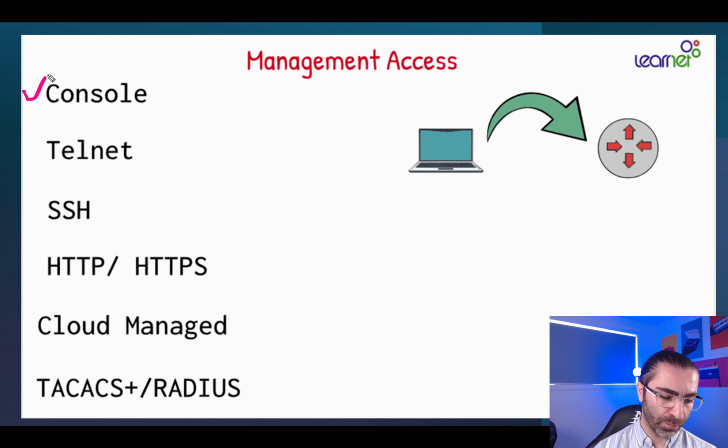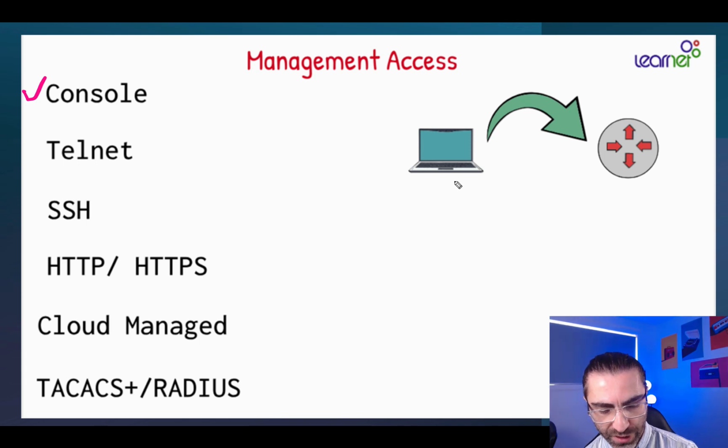The other protocols that have been listed here require IP connectivity to your device. So if you are the network administrator and you want to configure this device, first of all, you need IP connectivity, or a network, between these two.